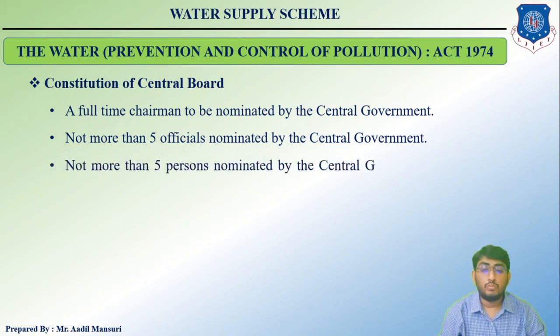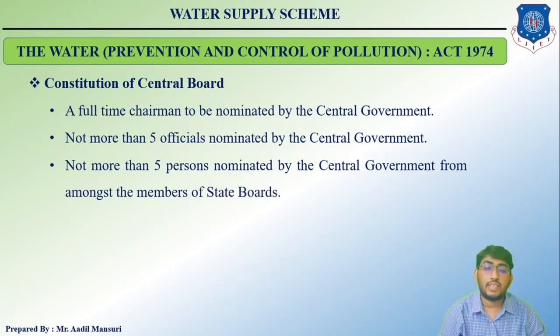Then not more than 5 persons nominated by the central government from amongst the members of the state boards, right? So the central government will nominate the chairman, then 5 officials, and 5 officials from among the state boards.